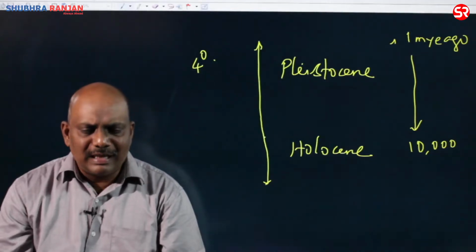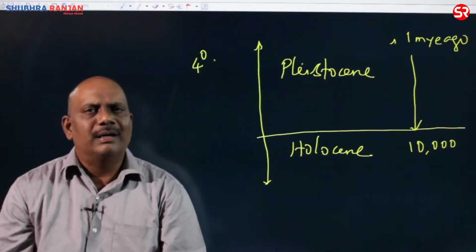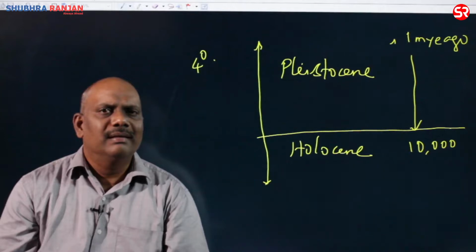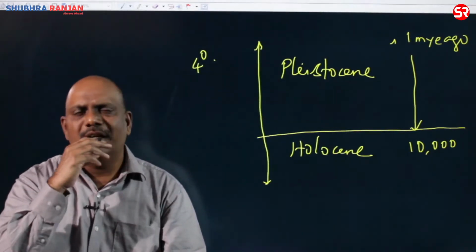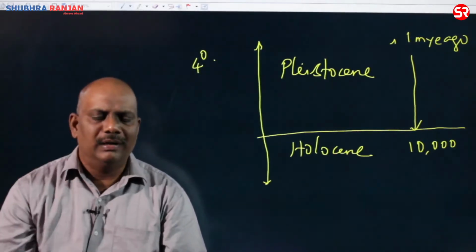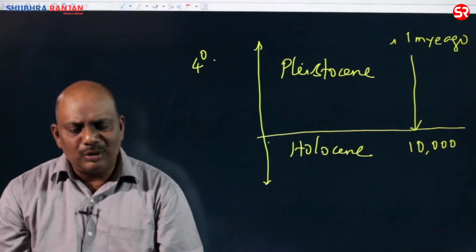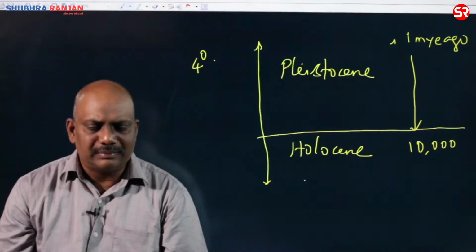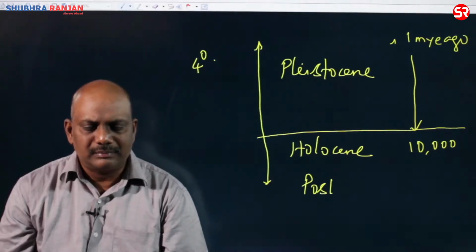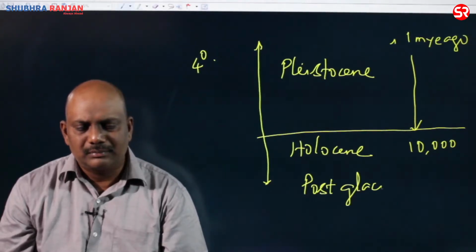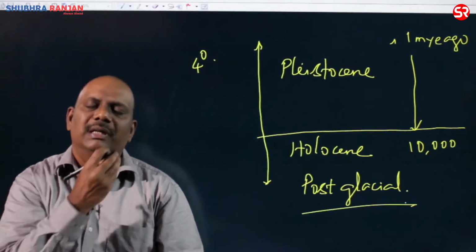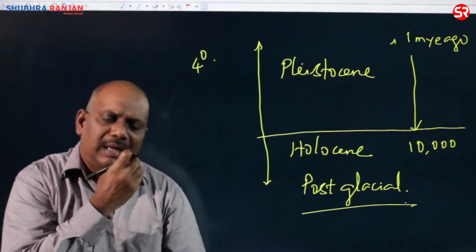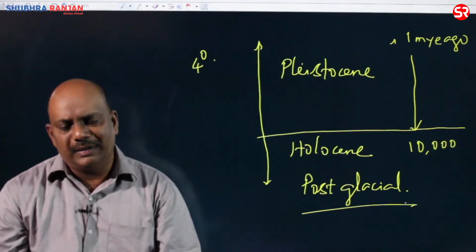What exactly happened 10,000 years ago? We are dividing this Quaternary period into two, Pleistocene and the Holocene. Holocene technically means post-glacial. So it happened during the Pleistocene period.